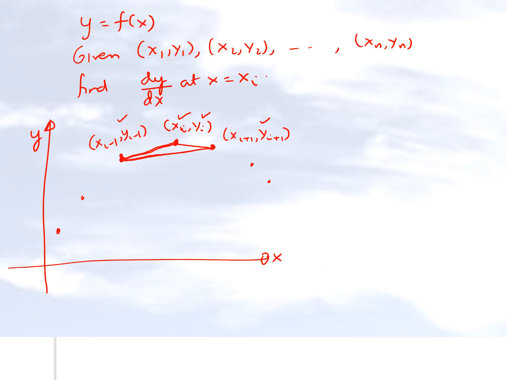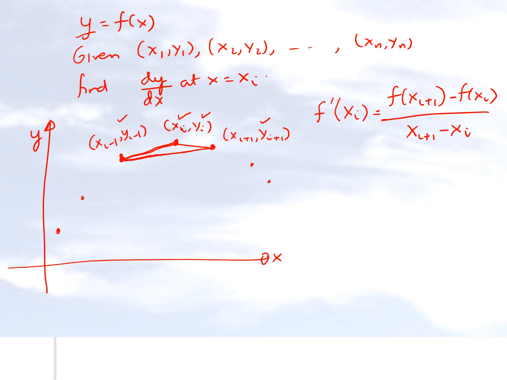So if we talk about what is the derivative of the function f, which is same as y, at x of i, we can say it is f of x i plus 1 minus f of x i divided by x of i plus 1 minus x i.